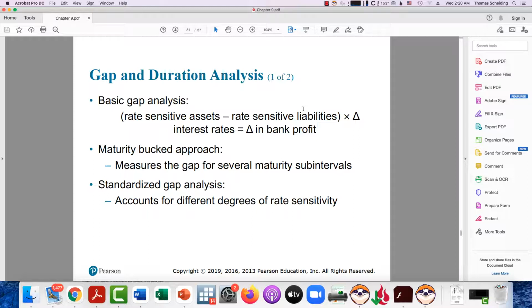In the gap analysis, you're basically taking your interest rate sensitive assets and subtracting from that your interest rate sensitive liabilities. Multiplying that by the change in the interest rate gives you a change in potential bank profit, which gives you an idea of how variable the bank's earnings are going to be.